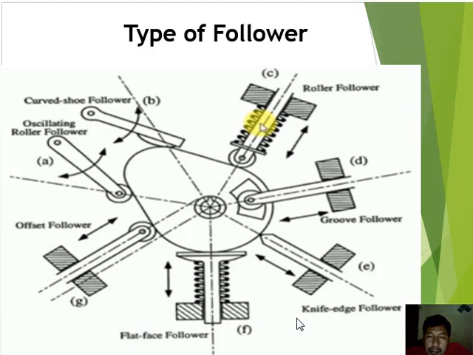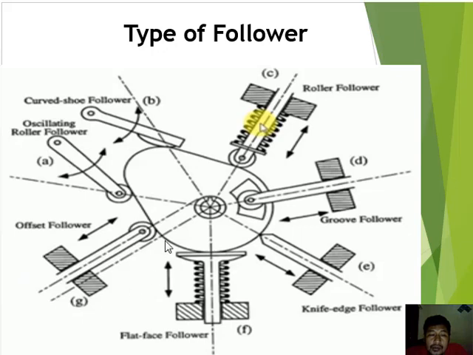This is another type of follower. You can look at the illustration. This follower is a curvaceous follower, and the oscillating roller follower has oscillating motion.